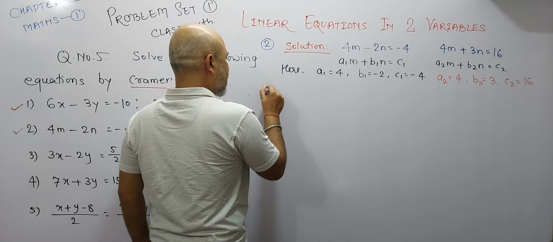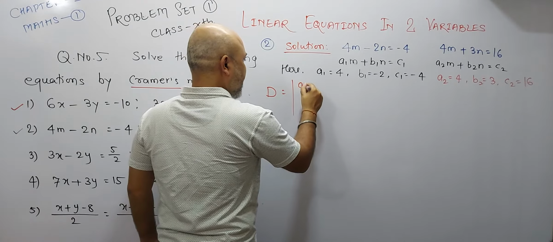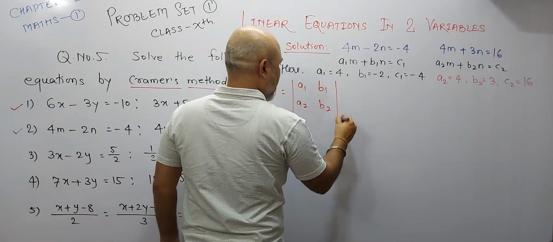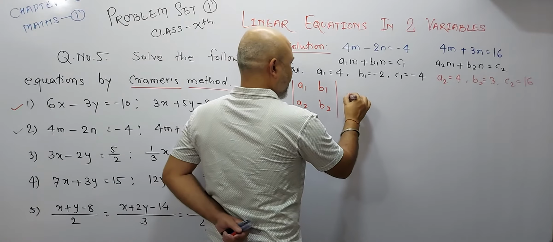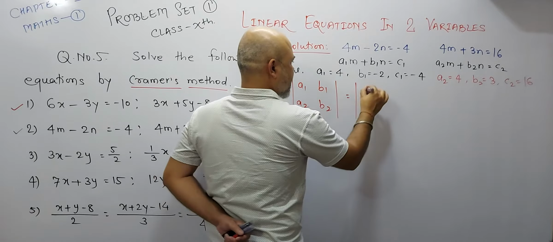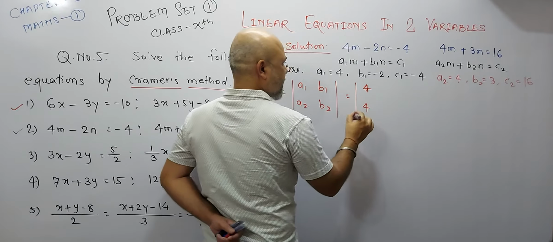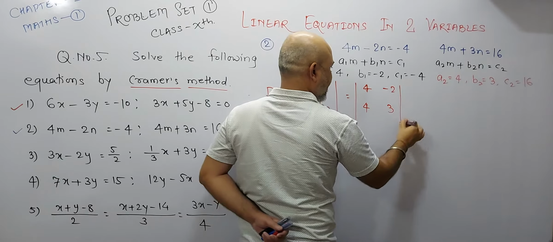How will we find d? d is the determinant with a1, a2, b1, b2. So a1 is 4, a2 is also 4, b1 is -2, and b2 is 3.